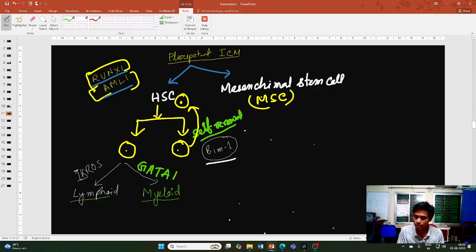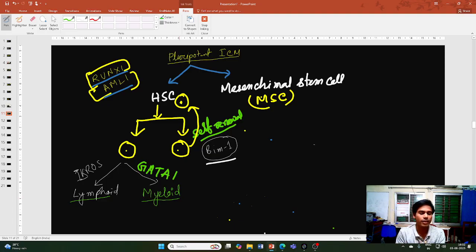I have just discussed the major ones. First, BMI1, the major transcription factor involved in the self-renewal of the hematopoietic stem cell. Another is the lymphoid stem cell, controlled by IKAROS, and GATA1 is responsible for the myeloid stem cell.